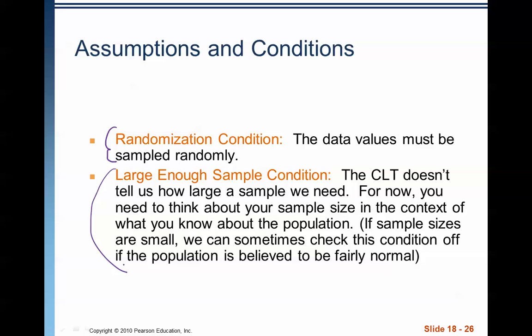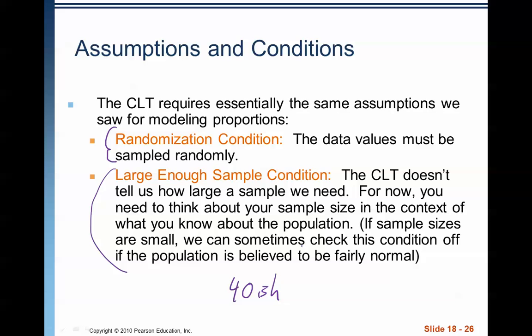To give you an idea, 40-ish is generally pretty good in terms of a sample size. However, if sample sizes are small, as long as the population is believed to be fairly normal, we can still check off this condition. Okay, so our assumptions and conditions to use this model: we need randomization and we need the sample size to be large enough.